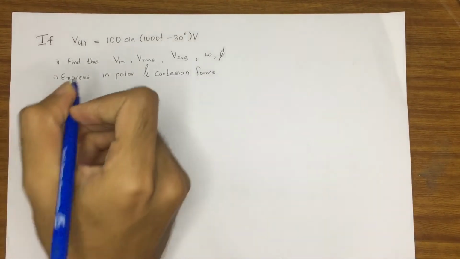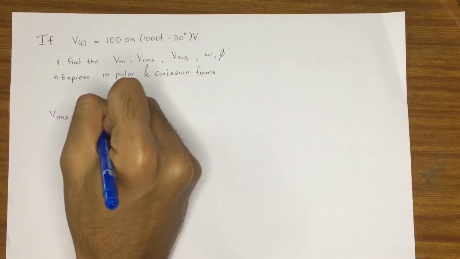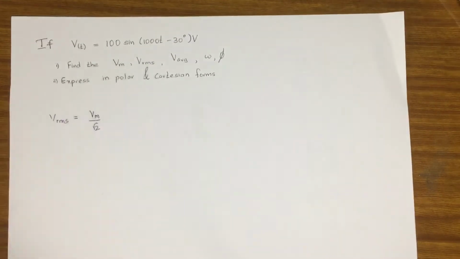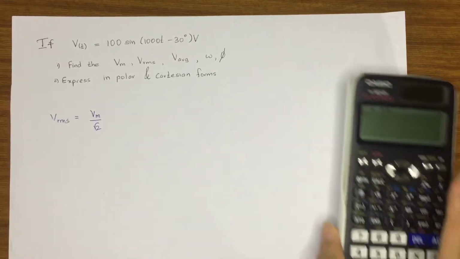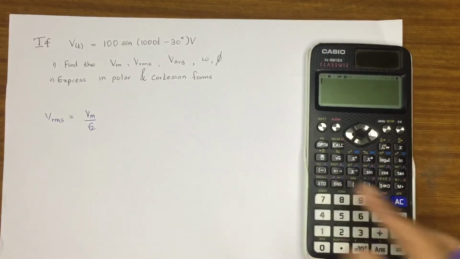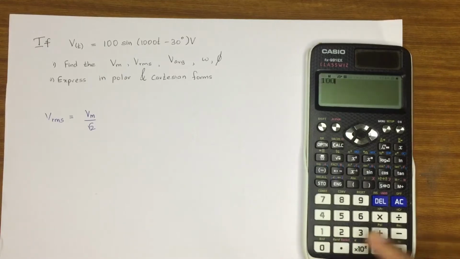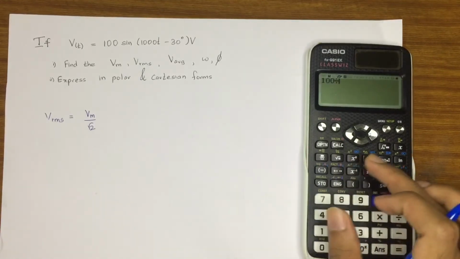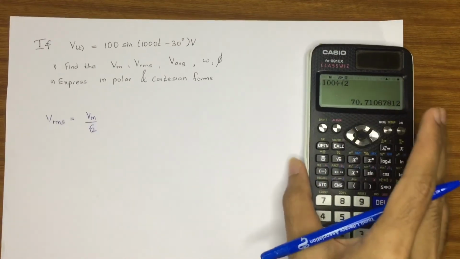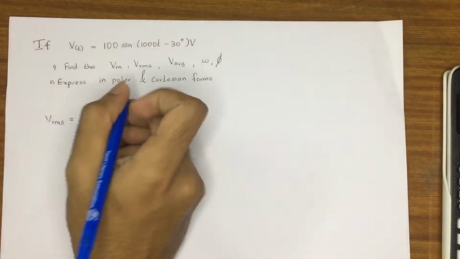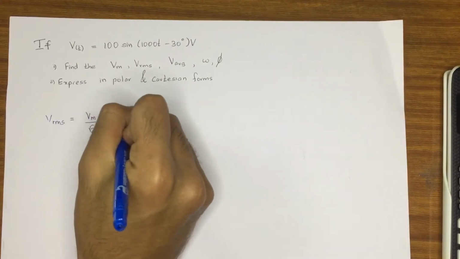VRMS equals Vmaximum divided by root 2. Substituting in the calculator, Vm is 100 divided by root 2, which returns 70.71. So let's write 70.71 volts.